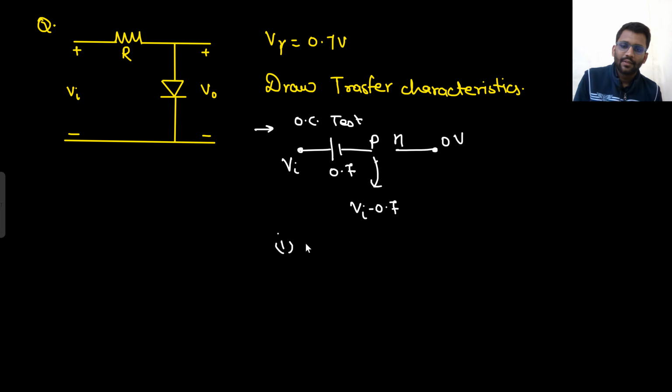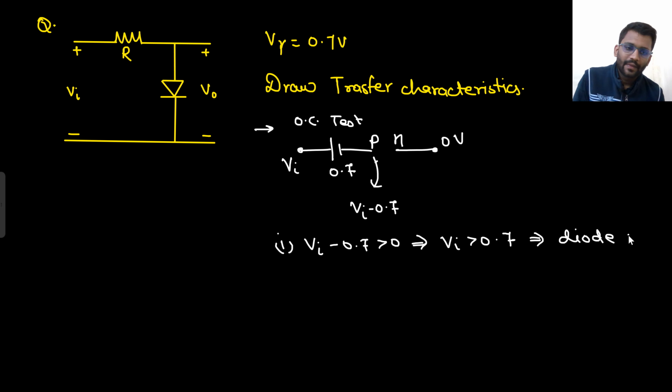So first thing, when V in is greater than 0.7, or you can say V in minus 0.7 is greater than 0, at that time what will happen? Diode will be on. Now if diode is on, what will be the value of output? Here you are having V in.